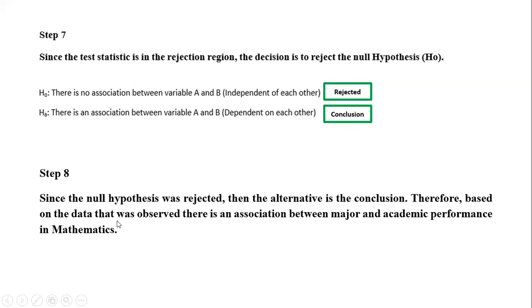Based on the values that were observed after performing the test, it appears that there is an association between your major and your performance in mathematics academically. So here's an example of a chi-square test for independence using the critical value approach.